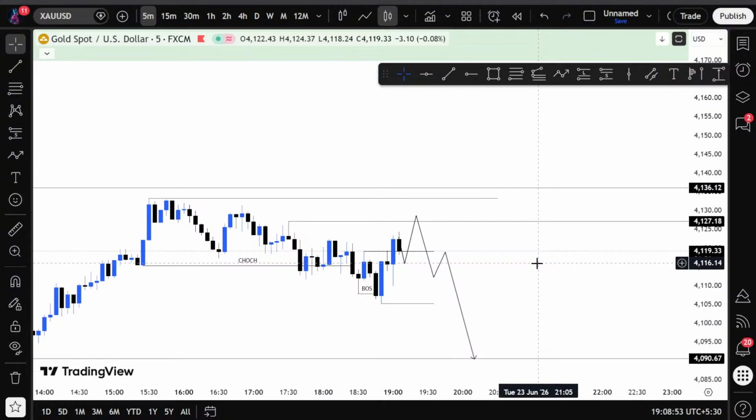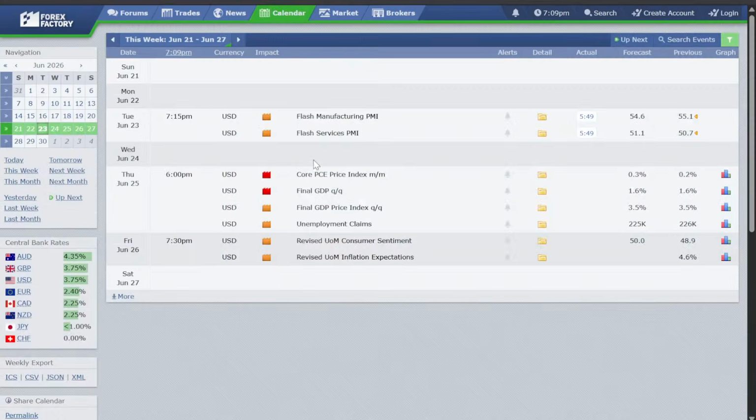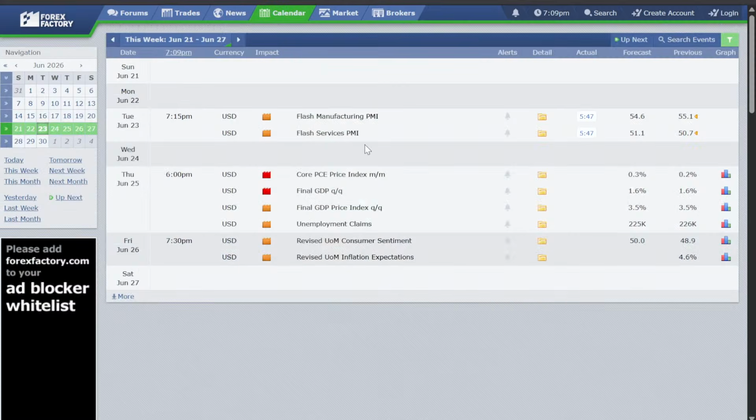What is the website you use to check news? It is Forex Factory. In Forex Factory, go to calendar. In calendar, you will see all the news.